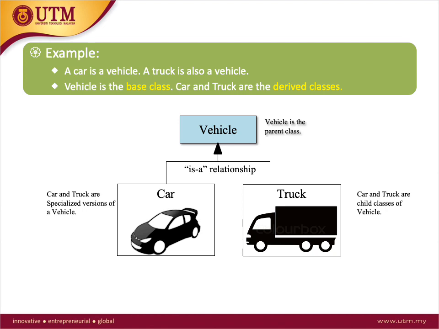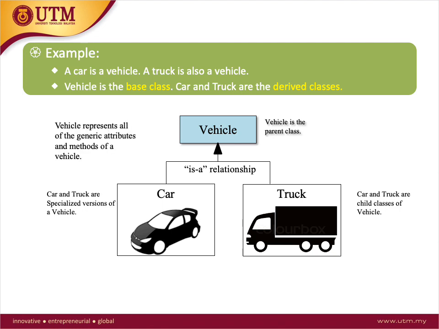Vehicle is the parent class or base class, and these two, car and truck, are derived classes. Car is a special version of vehicle. Truck is a special version of the vehicle.